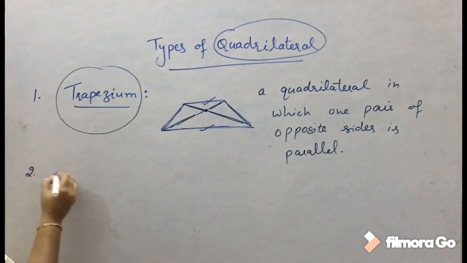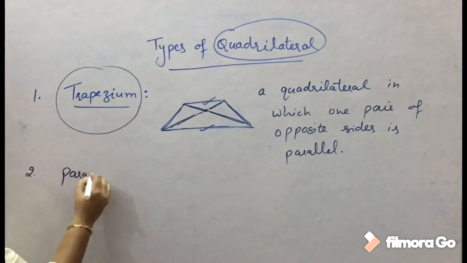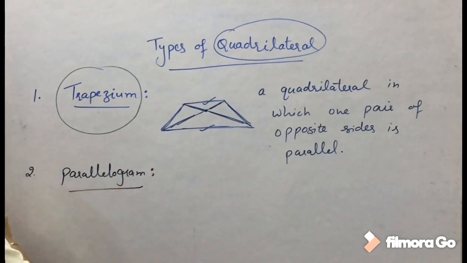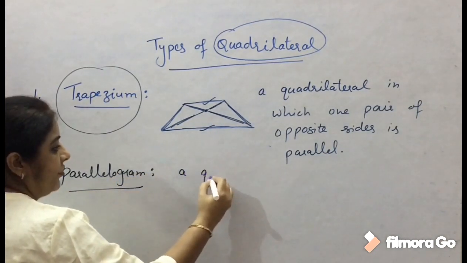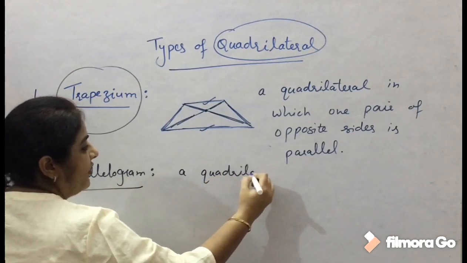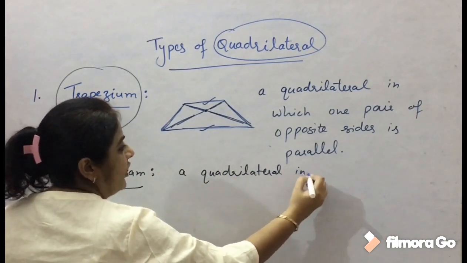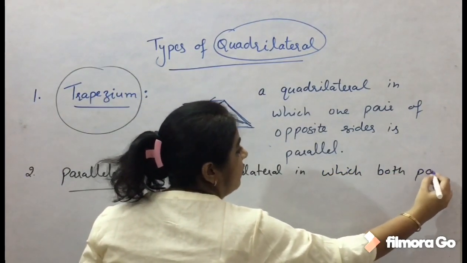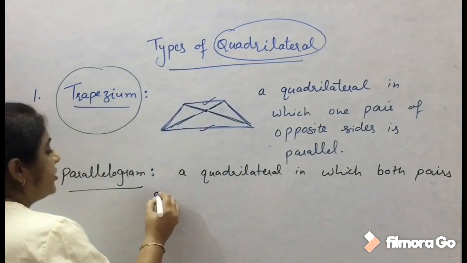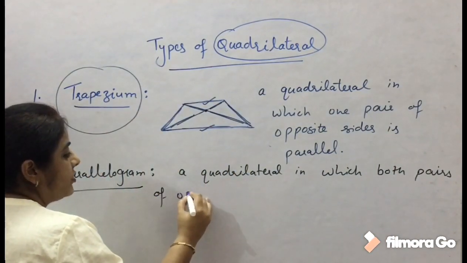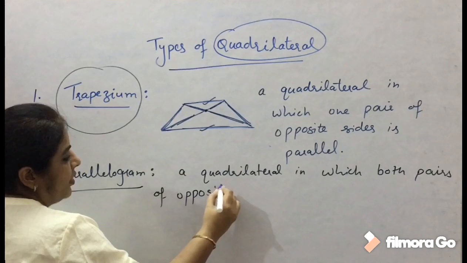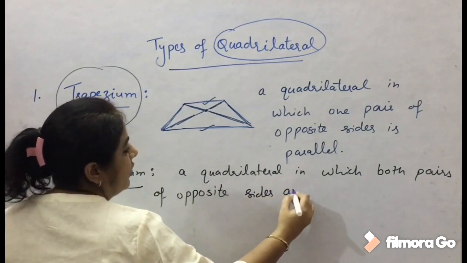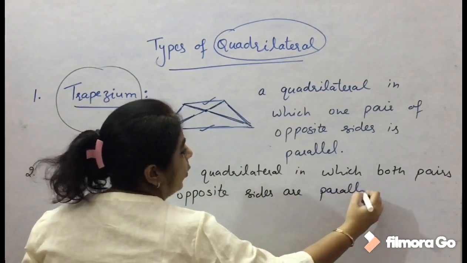Now the second is parallelogram. What is parallelogram? A quadrilateral in which both pairs of opposite sides are parallel and equal.